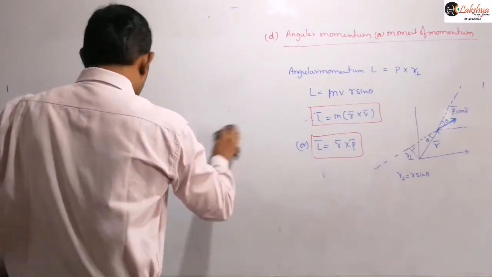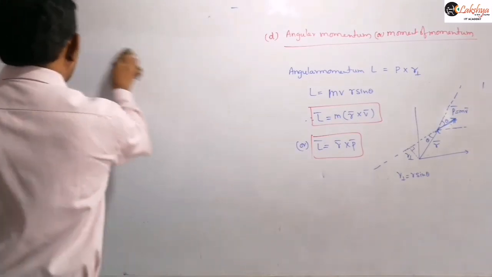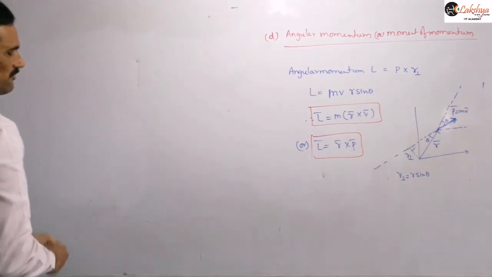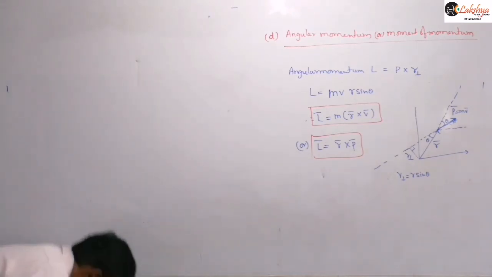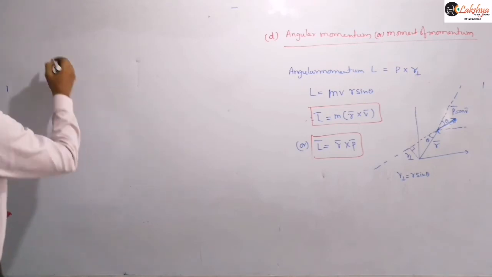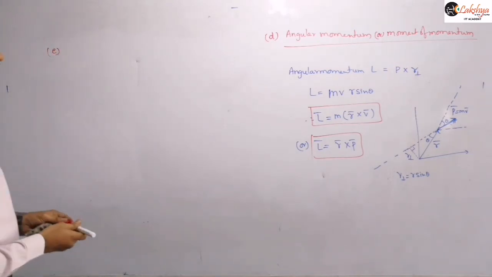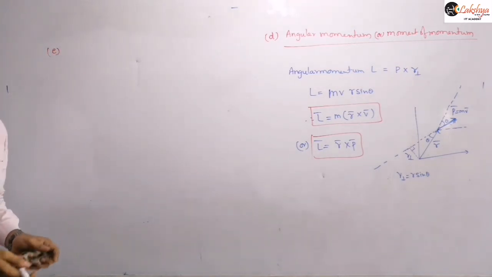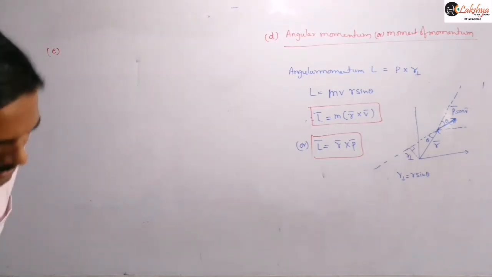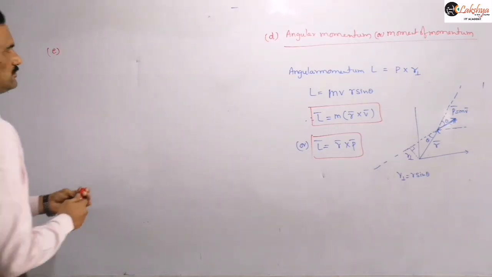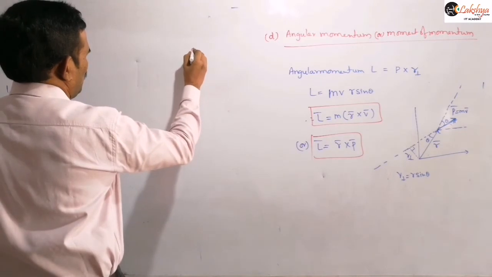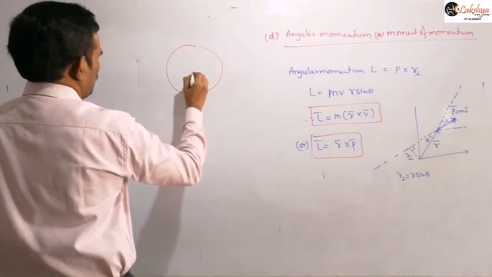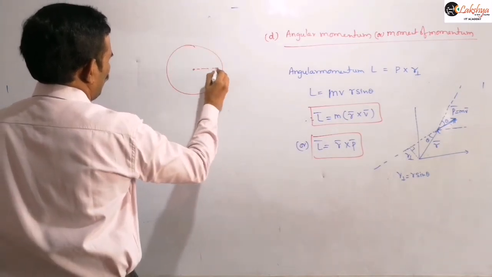Here I mention another application: the relation between linear velocity and angular velocity. The relation between linear velocity and angular velocity can be expressed like this.